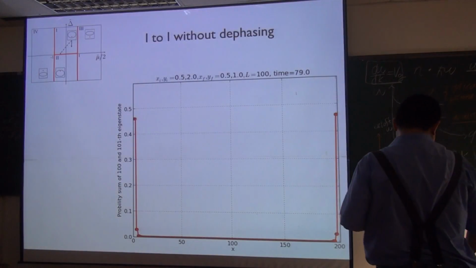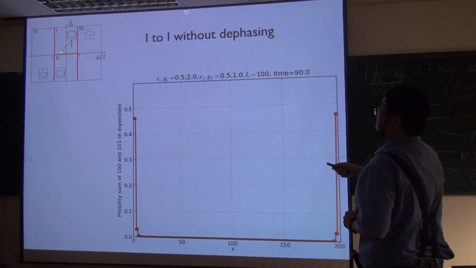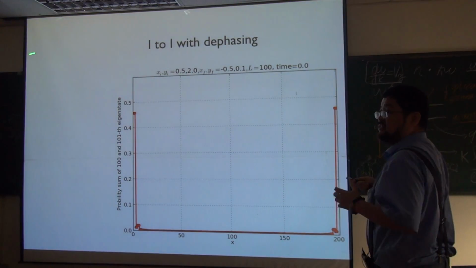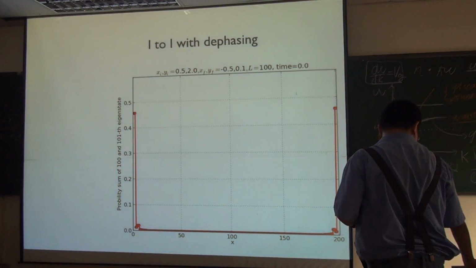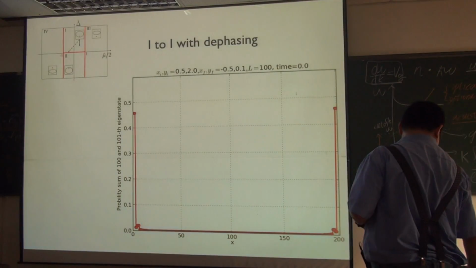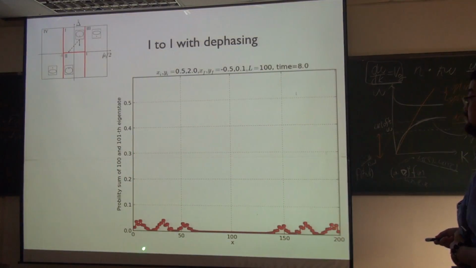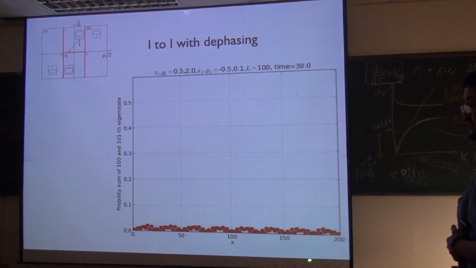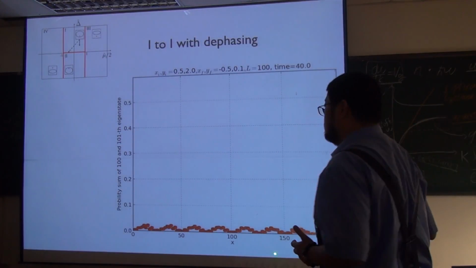But the other case is that you have dephasing even in the same phase. So you see that they will go to a box state very quickly, same as situation 1.